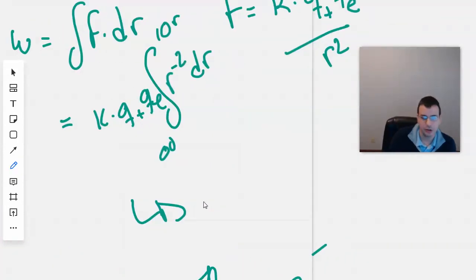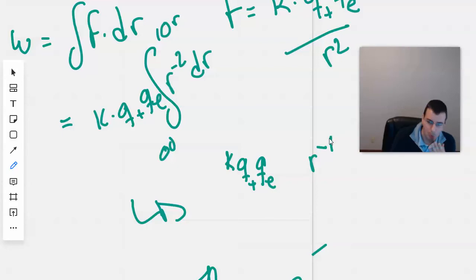All right. So we'll have K, Q positive, Q electron, r. Negative 2 plus 1 is negative 1, then we'll divide by negative 1. I might have had a sign wrong somewhere.